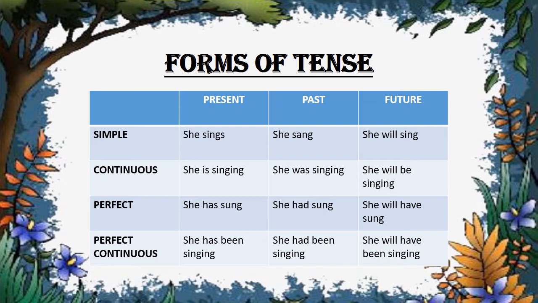And for the past form, just the past form of this base verb is used. Past form of sing is sang. So exactly the past form of the base verb is used here. By looking at this, you can understand that this is simple past.